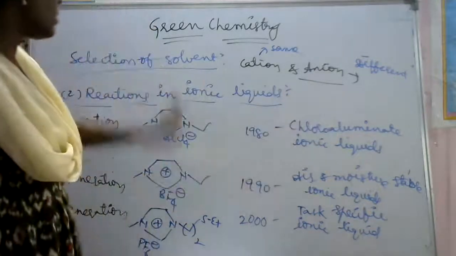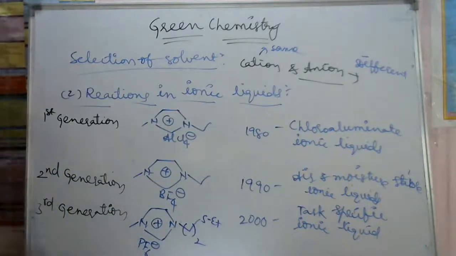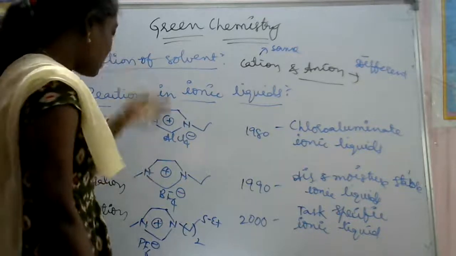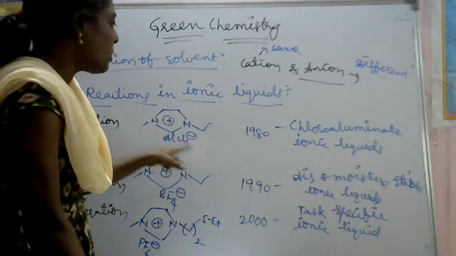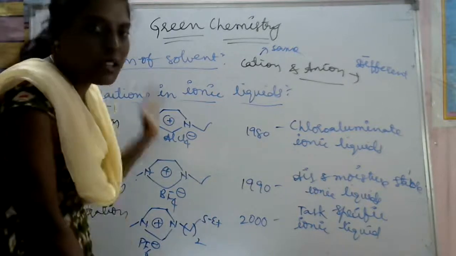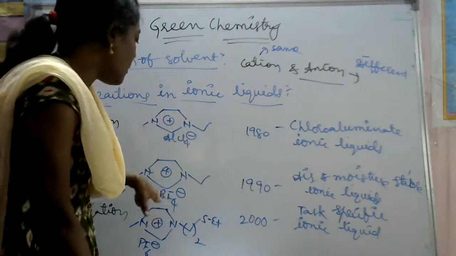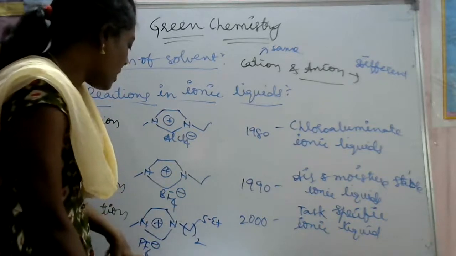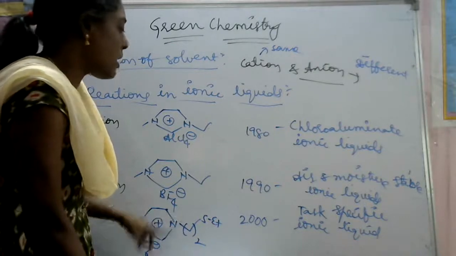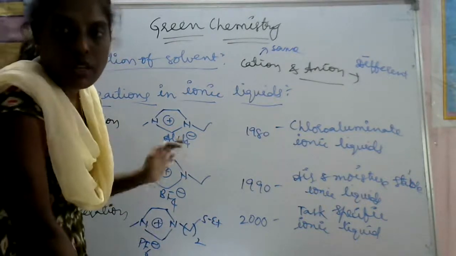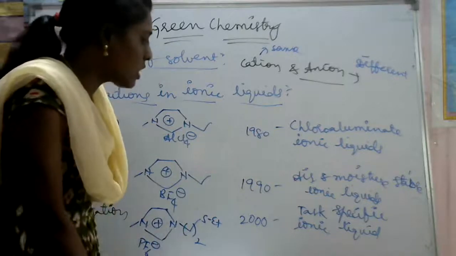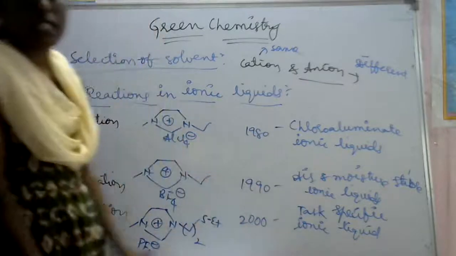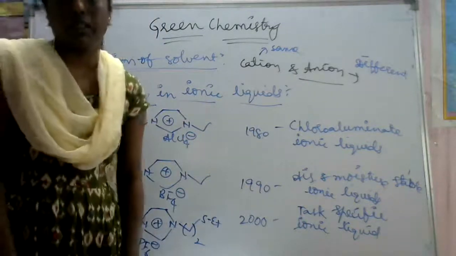The imidazolium cation remains the same. In the first generation the anion is aluminum tetrachloride, in the second it is tetrafluoroborate, and in the third generation we use the hexafluorophosphate ion, PF6 minus, and it is a task specific ionic liquid.